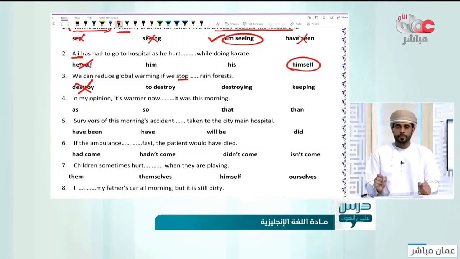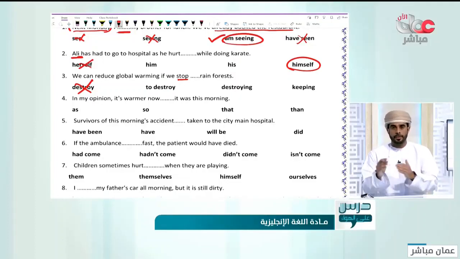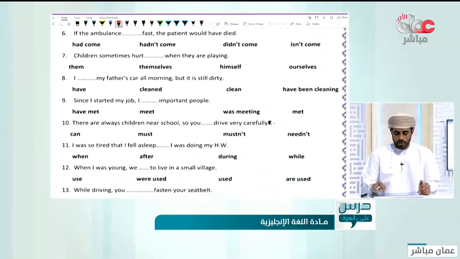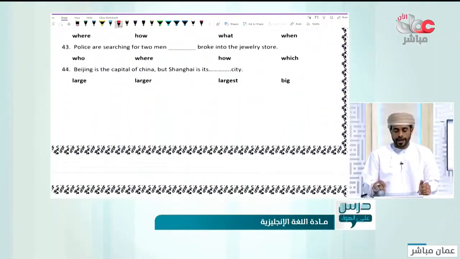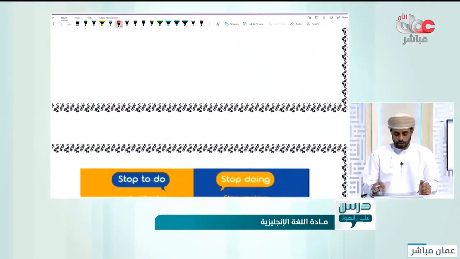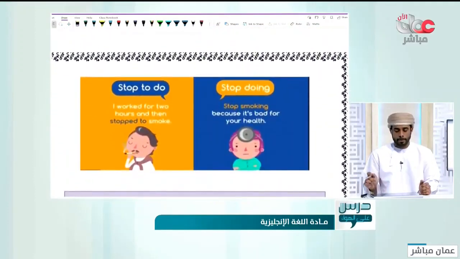Good. So now, what is the difference between to destroy and destroying? The verb stop can be used with destroying and to destroy, but there is a big difference in meaning. Let's see the difference between to stop doing something and to stop to do something, like in this picture. When we say to stop to do, he stopped to do something.